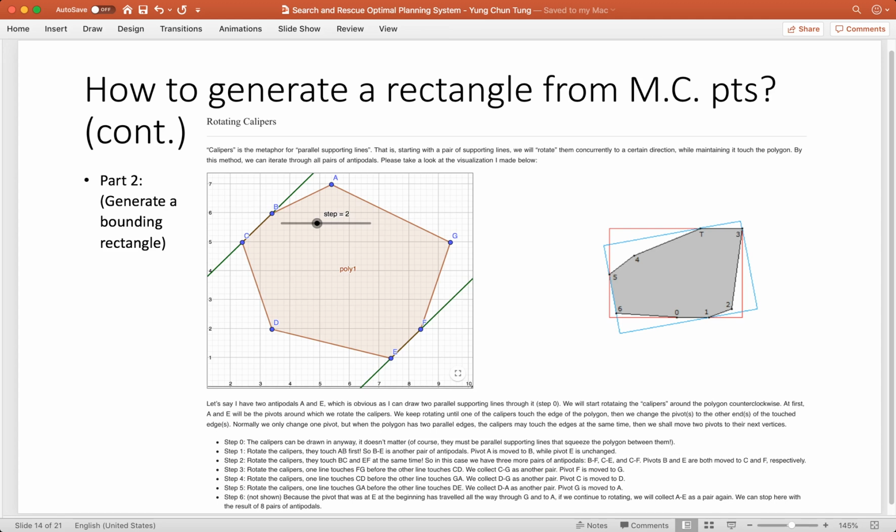So this rotating calipers algorithm tests the rectangles generated from these edges and then selects the smallest one, like the diagram shown here.